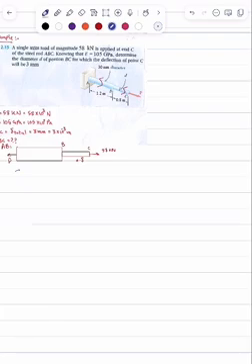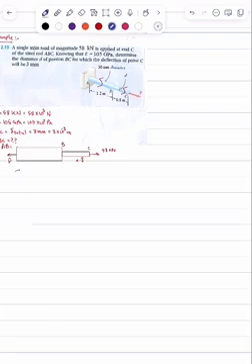Sum of Fx equal 0: minus P plus 58 equal 0. P equal 58 kN. L equal 1.2 meter.